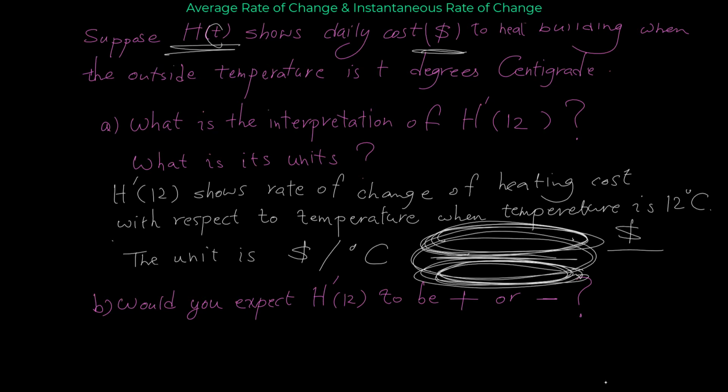What was the variable? Temperature. What is the unit of the temperature? Degree centigrade. So in the denominator, we have degree centigrade. That's the reason we say the unit of average rate of change or instantaneous rate of change or derivative, all of these have the same unit, dollar per degree centigrade.